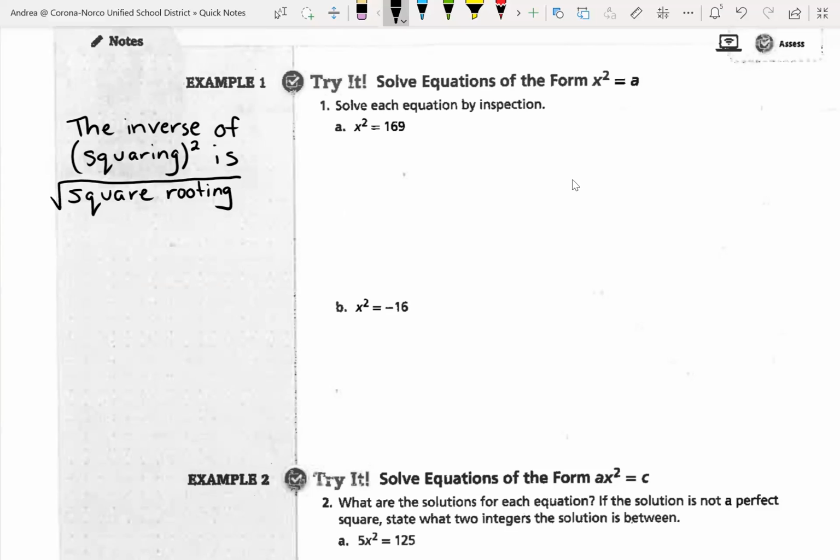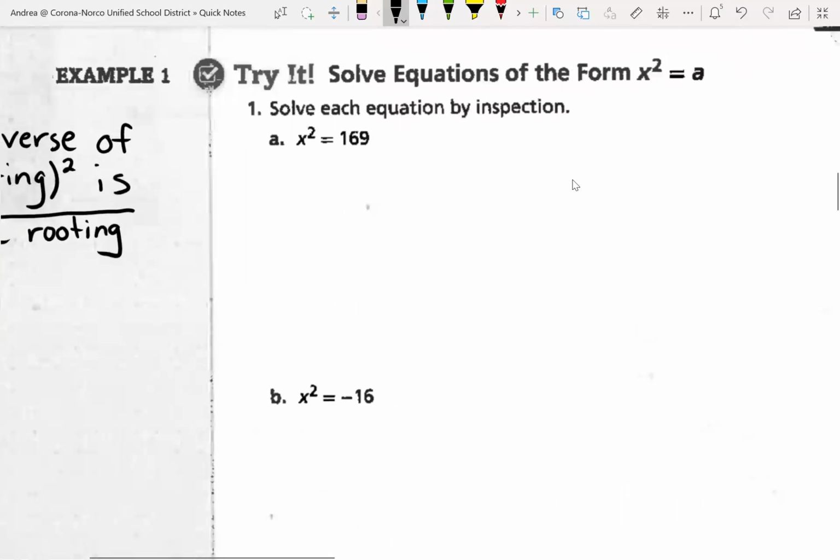So when we're solving an equation, it's all about doing the inverse operation, or the opposite operation. In this one, I have my x by itself, which is what I want. But I need to undo the square. I need to get rid of the square.